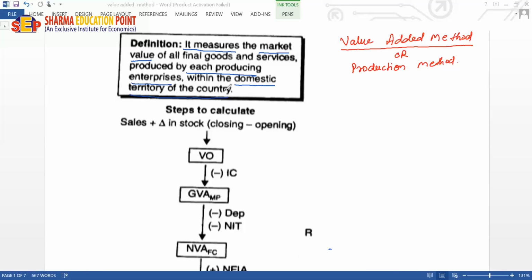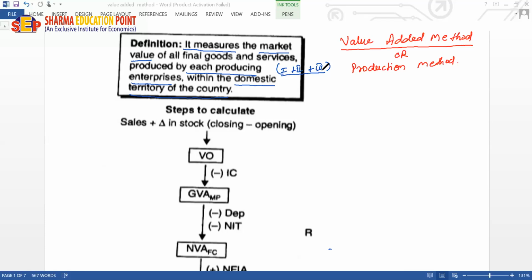So it means आपकी इकोनॉमी में जितने भी प्रोड्यूसिंग एंटरप्राइजेस हैं, you know that we have three generally producing enterprises, and they are primary sector, secondary sector and tertiary sector. So all these producing enterprises, within the domestic territory of the country, जितना भी production हो रहा है, their market value of final goods is called value added method for measuring national income. So what steps to be taken to measure national income by this method?